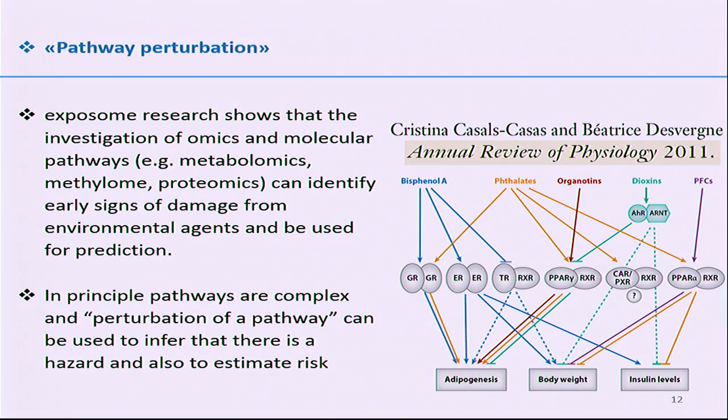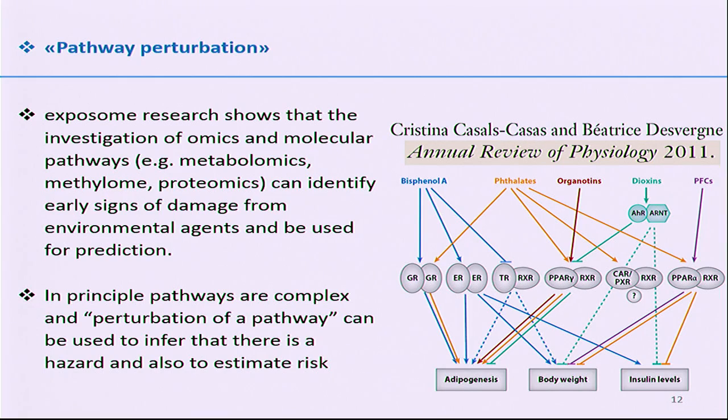Well, pathway perturbation is key, as we have heard already. And in several ways, exposome research shows that omics and molecular work can identify early signs of damage from environmental agents and could be used for prediction. Or at least this is the challenge, and we have early results.